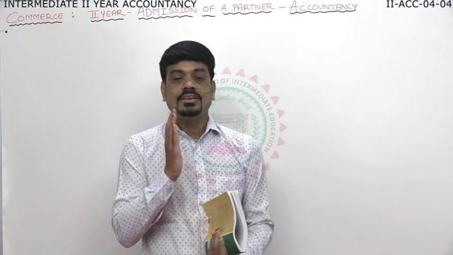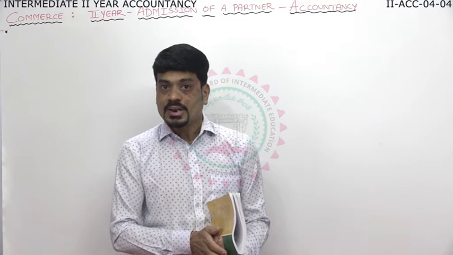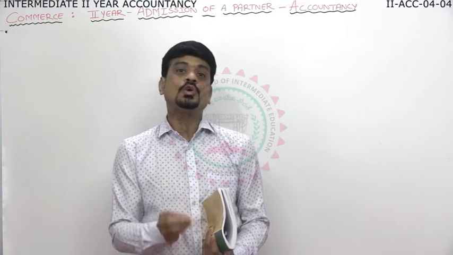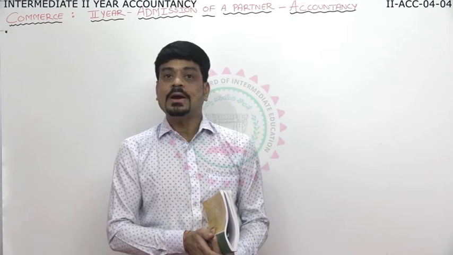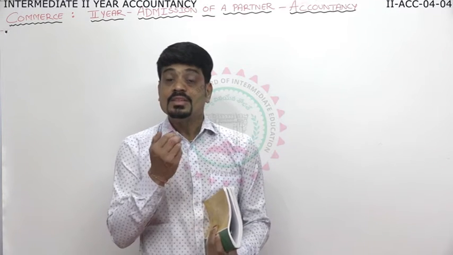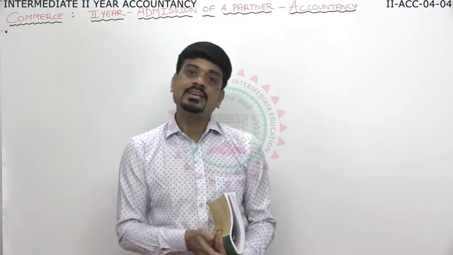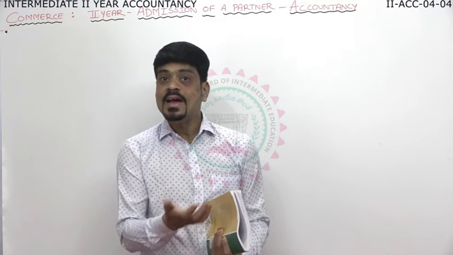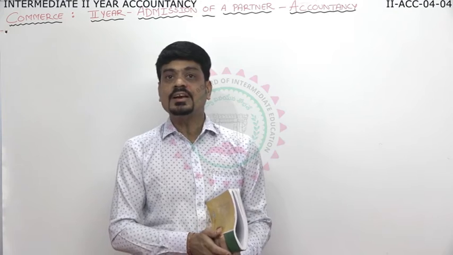Account number 1 should be your accumulated profit account. Account number 2, if there is any accumulated loss, then we'll keep the accumulated loss account. Then 3, for better understanding, we'll keep the cash account, followed by goodwill account, then revaluation account, partners' account, and the balance sheet.